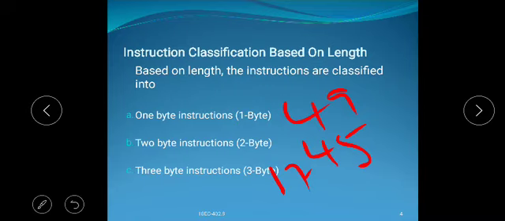Thus, this instruction occupies one memory location.